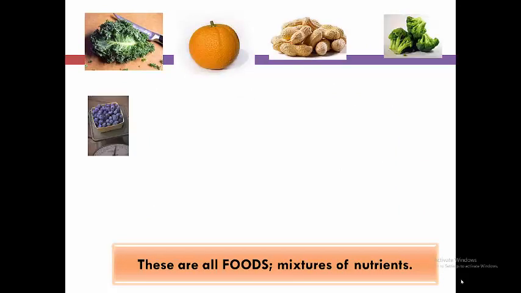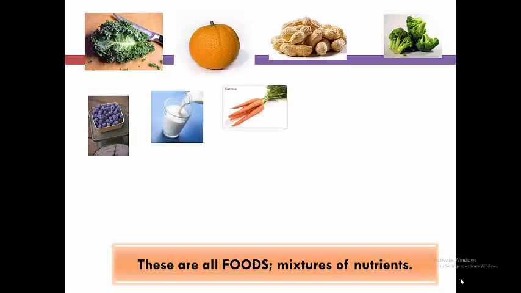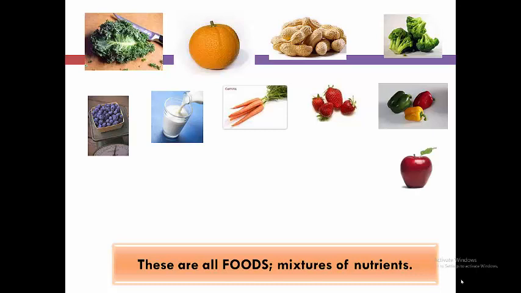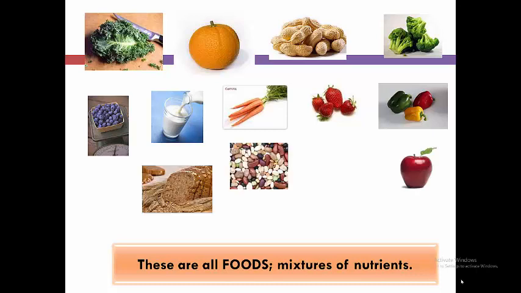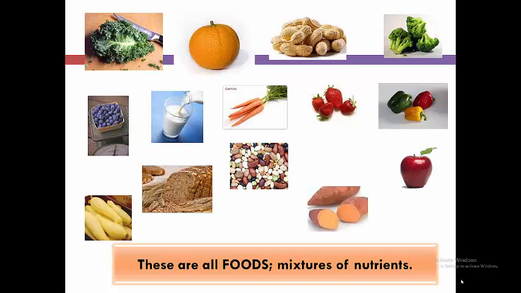You're seeing foods. And at this point, I hope that you are clear on the fact that foods are large structures that are merely comprised of mixtures of nutrients, water, vitamins, minerals, proteins, fats, and carbohydrates.